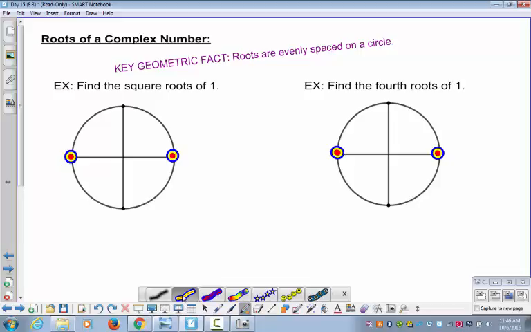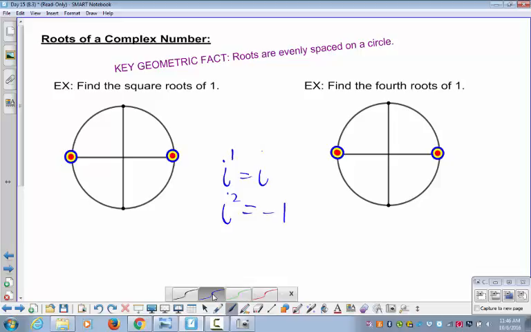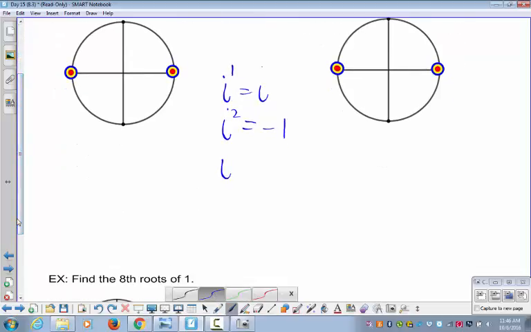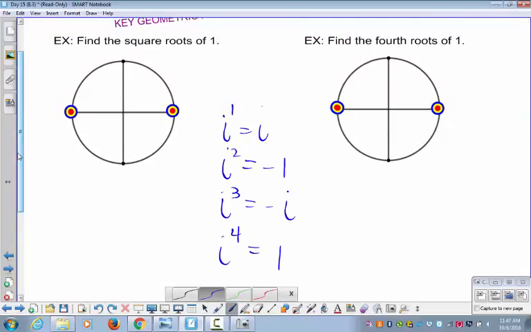What about i to the fourth? What's i to the fourth? So if you have i to the 1, i squared we call negative 1. i cubed, we call negative i. i to the fourth, 1. So there's the pattern. All right. So i to the fourth is 1. Okay.